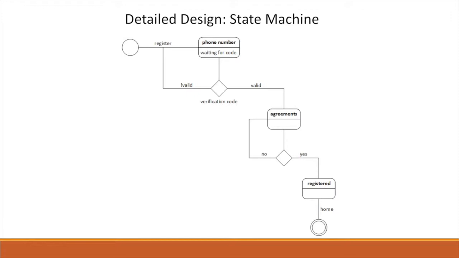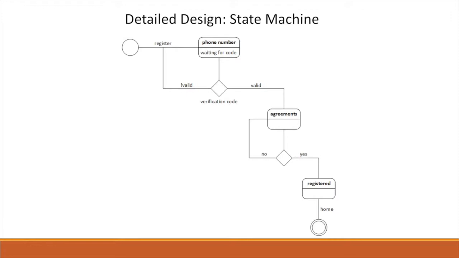Here you can see a state machine of our application during the registration process. When the user starts the registration process, the application uses the user's phone number and sends a code to it. If the user inputs the wrong code, the application stays on the same state waiting for the correct code. Upon the user inputting the correct code, the application switches to a state waiting for the user to accept the agreements.